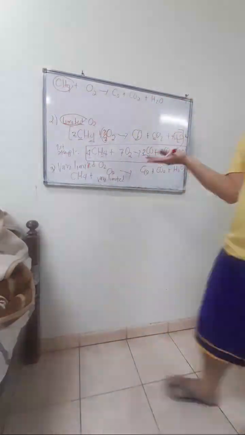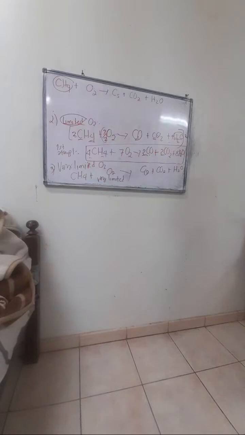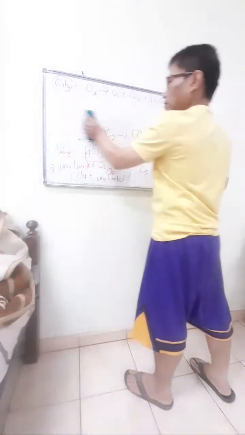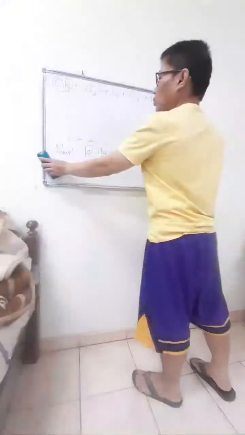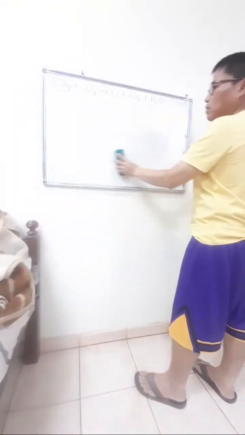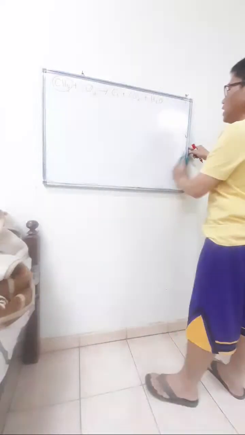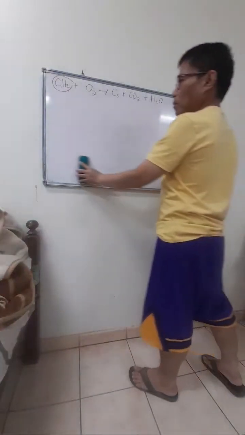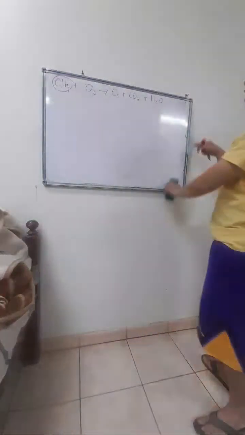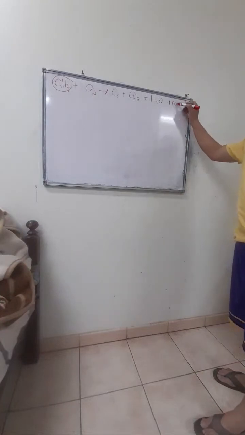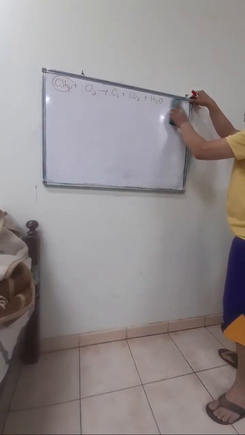If you add carbon monoxide, it will be too much for this incomplete combustion. That's why we don't put CO. This is the case for methane only. For others, let's say propane, butane, pentane, you can also add carbon monoxide here.